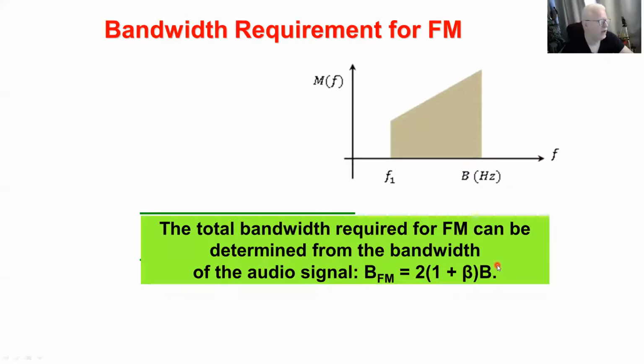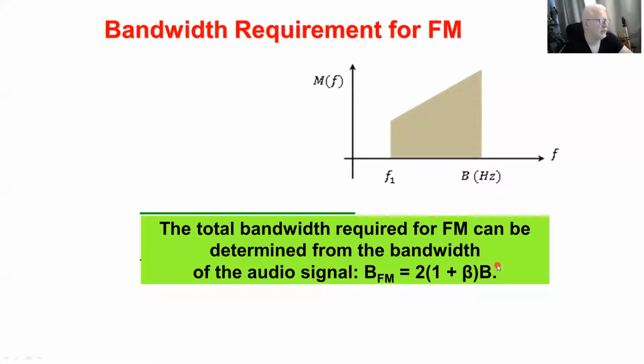So that's why it's critical that using a wideband FM signal will be reflected in the overall bandwidth of the signal. We need 10 times the bandwidth of the baseband signal in order to transmit it as a wideband FM signal.